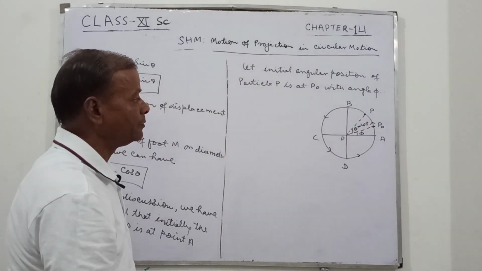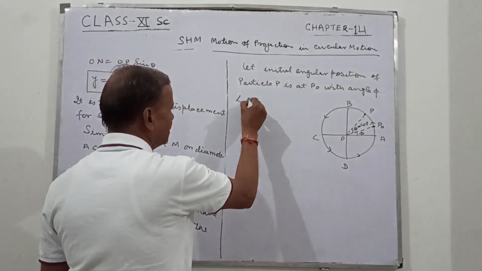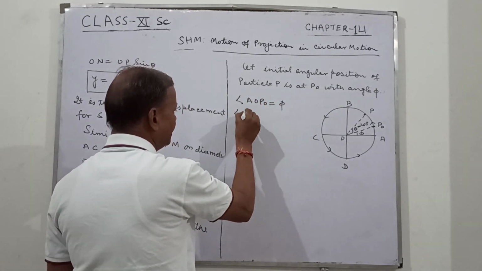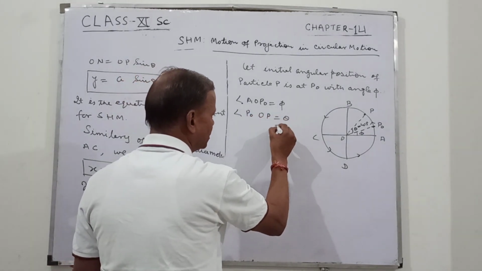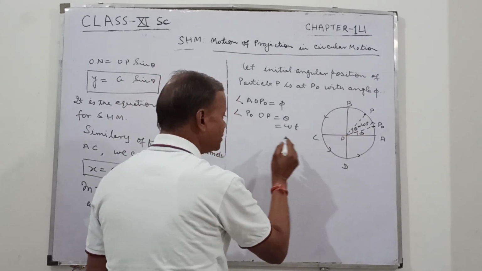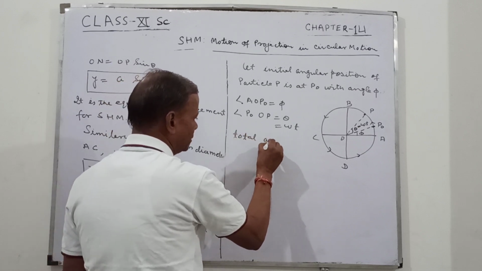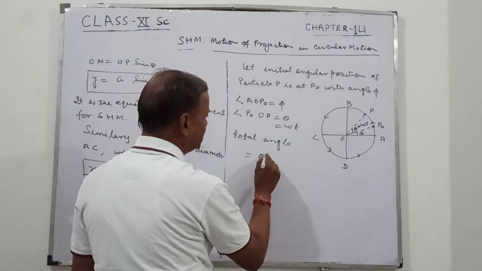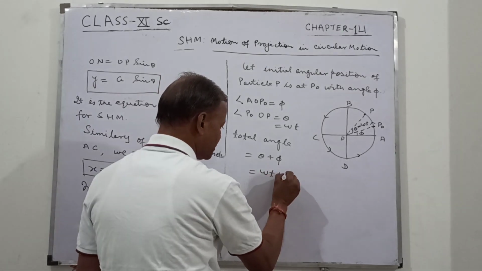Now total angle will be how much? Initially angle AOP naught equal to phi, and angle P naught OP is equal to theta equal to omega t. So the total angle is theta plus phi, which is equal to omega t plus phi.